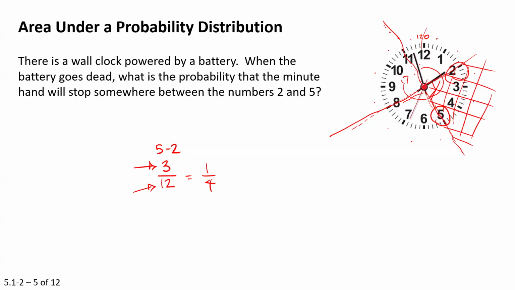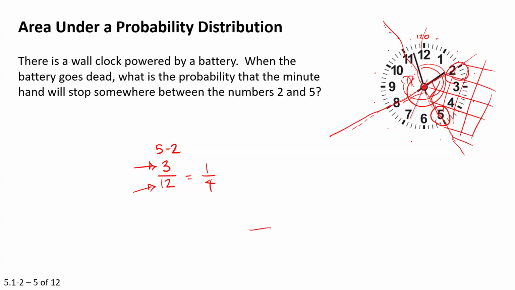Now, let me ask you, as this thing is moving around the clock here, is there any reason why it would prefer stopping over here versus over here versus over here? Or is it just pretty much random where it's going to stop? I mean, the battery's running out. Do we have any reason to think that it'll prefer one side or the other where it stops? No. Up, down, left, right.